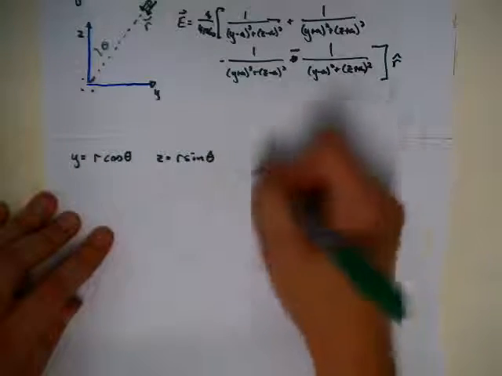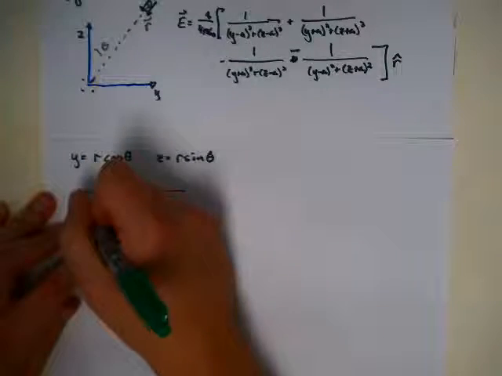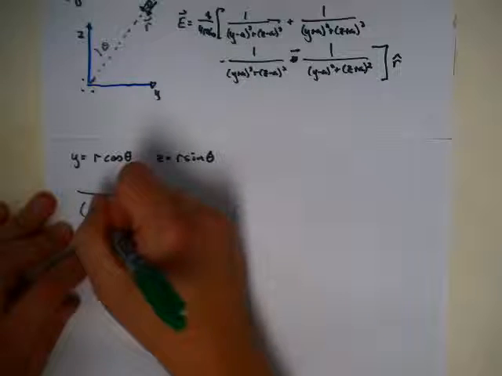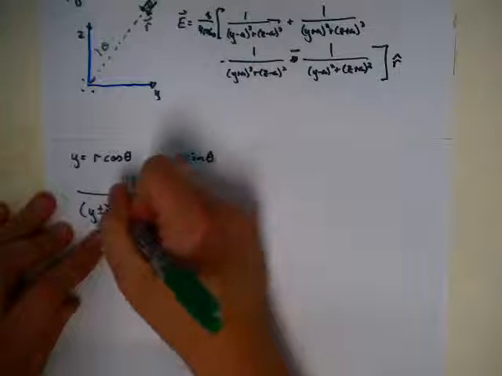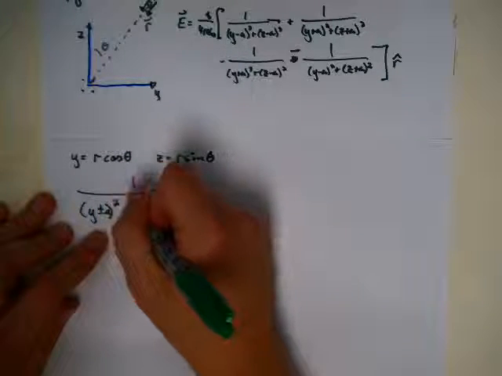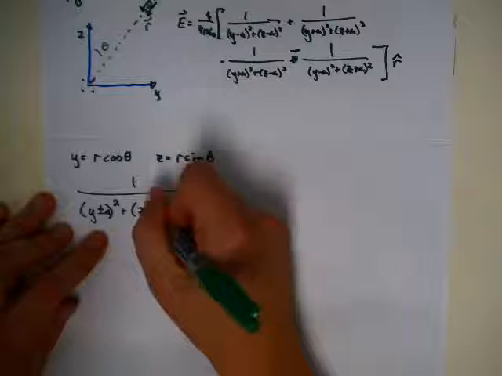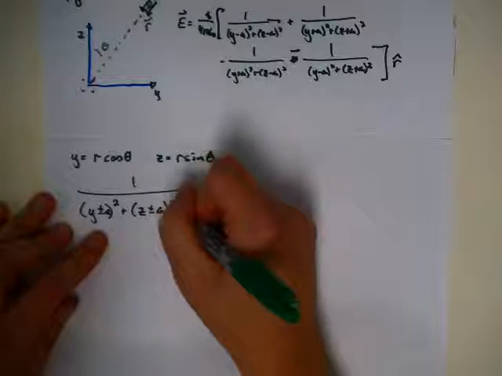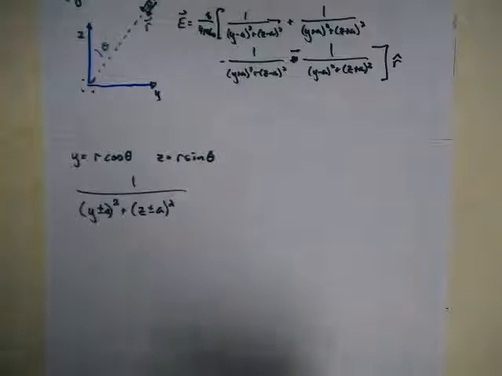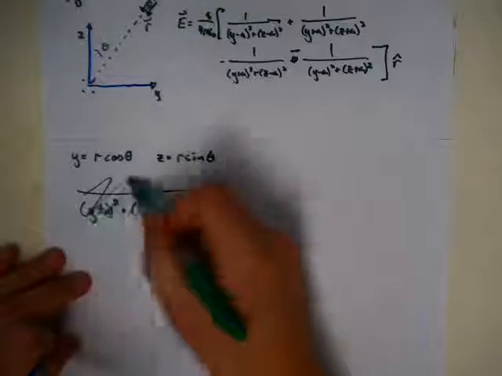And so when I have this expression, let's just simplify it: 1 over y plus or minus a quantity squared plus z plus or minus a quantity squared, which I'm going to rewrite here in different colors.